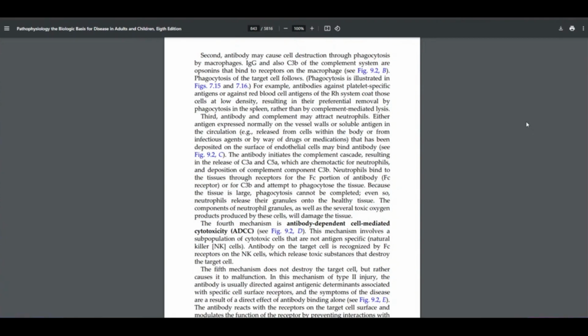Neutrophils bind to the tissues through receptors for Fc portions of antibody, Fc receptors, or for C3b, and attempt to phagocytose the tissue. Because the tissue is large, phagocytosis cannot be completed. Even though neutrophils release their granules onto the healthy tissue, the components of neutrophil granules, as well as the several toxic oxygen products produced by these cells, will damage the tissue.